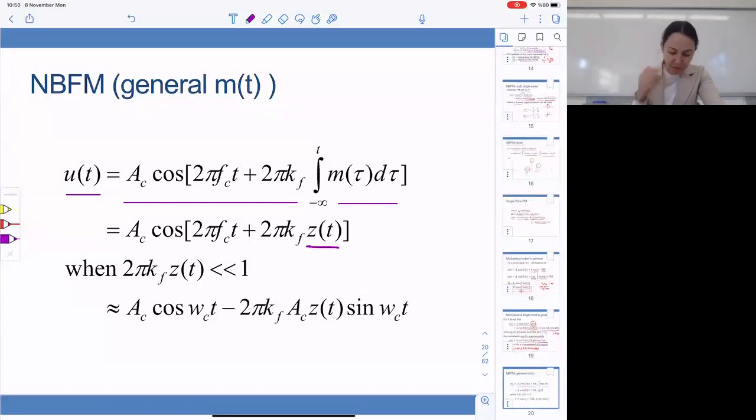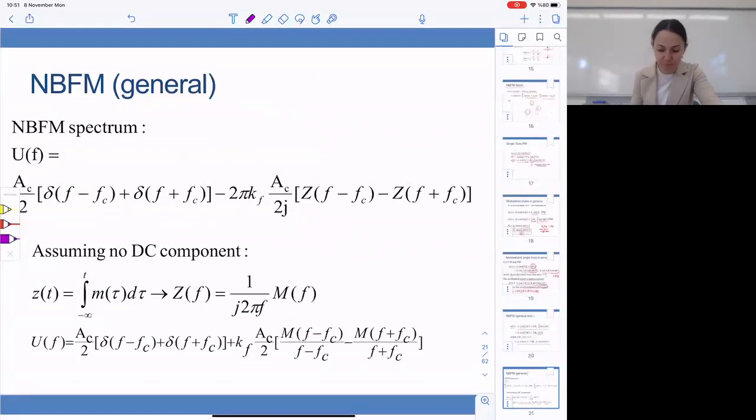In the narrowband case, this is small, so we can express this as A_c cosine w_c t minus 2 pi k_f A_c z(t) sine w_c t. Now, this is not necessarily conventional, because z(t) is not necessarily a sinusoid in this case.